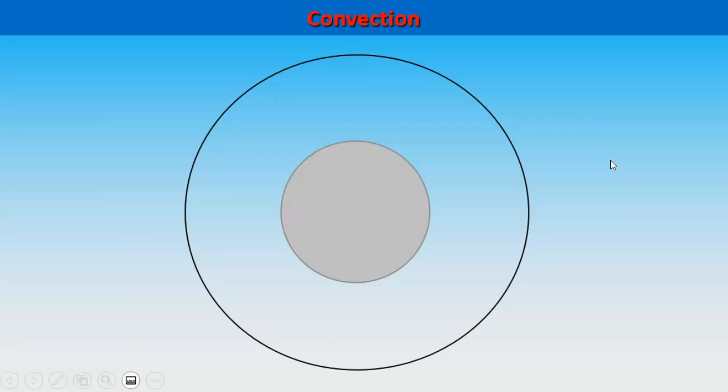I'm going to show you a very, very simplified version of that, which would be something like this. This is just to give you an idea of how we can cause this melting to occur. Here's the core, our heat source. When the mantle is close to the core, it's being heated up. Its temperature increases. It becomes less dense.